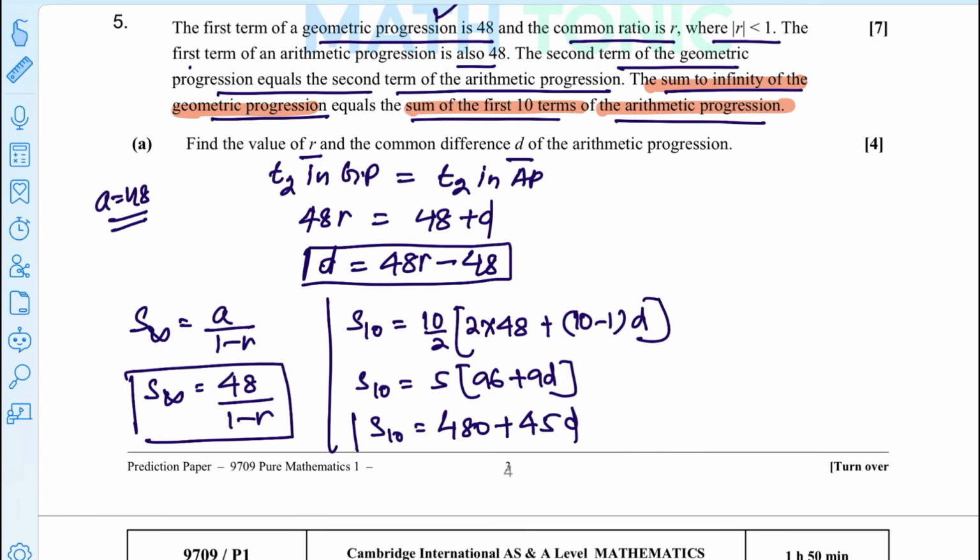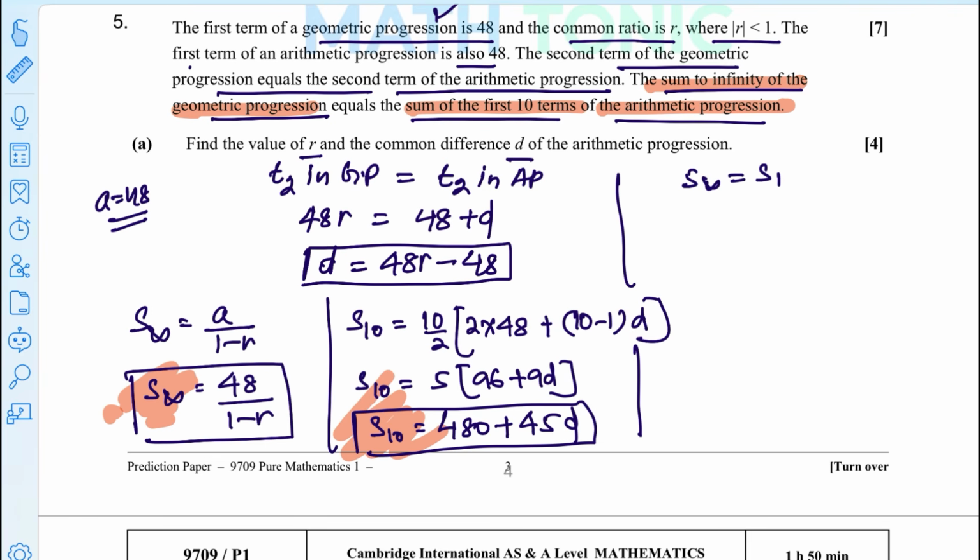This is what I got for S10. Now as per the question, both terms are equal, so the sum to infinity equals the sum of 10 terms. So 48 over 1 minus r equals 480 plus 45d.